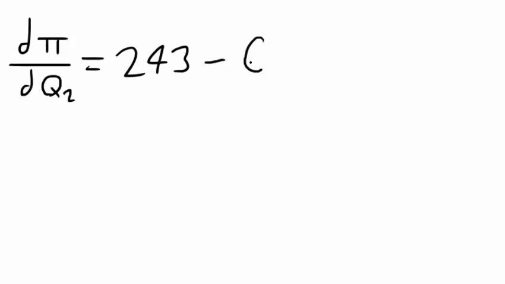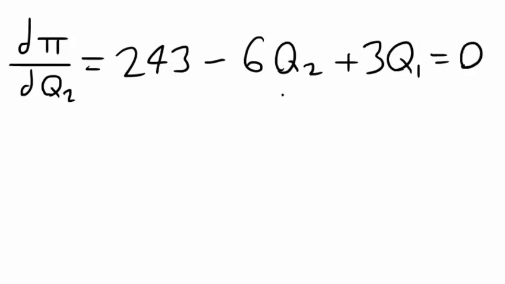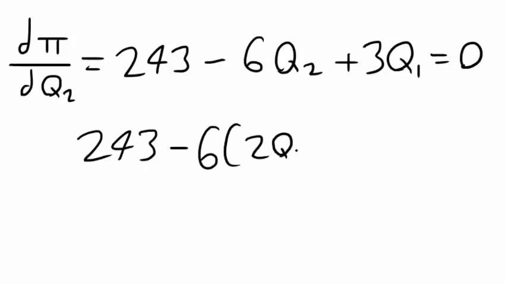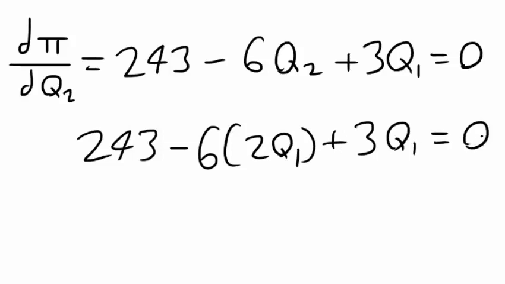Now, if we take the derivative of the profit function with respect to Q2, we get 243 minus 6Q2 plus 3Q1 equals 0. And we figured out what Q2 is, so we can substitute what that is into our function. So we have 243 minus 6 times 2Q1 plus 3Q1 equals 0.